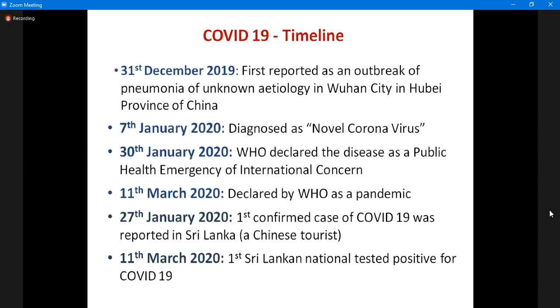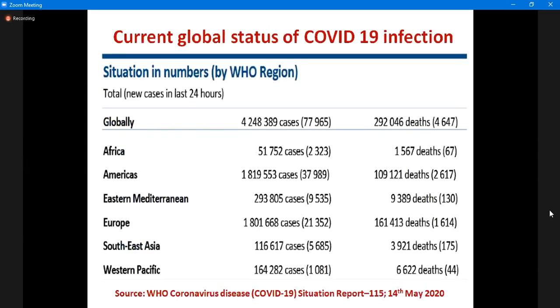From that onwards, the latest numbers in the world, according to the World Health Organization situation report, in this slide, you can see the total number of cases and the cases in the last 24 hours within brackets, depending on the WHO health region.